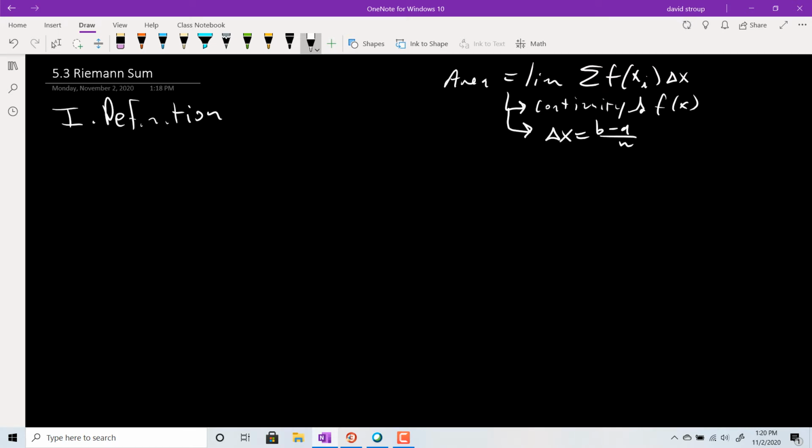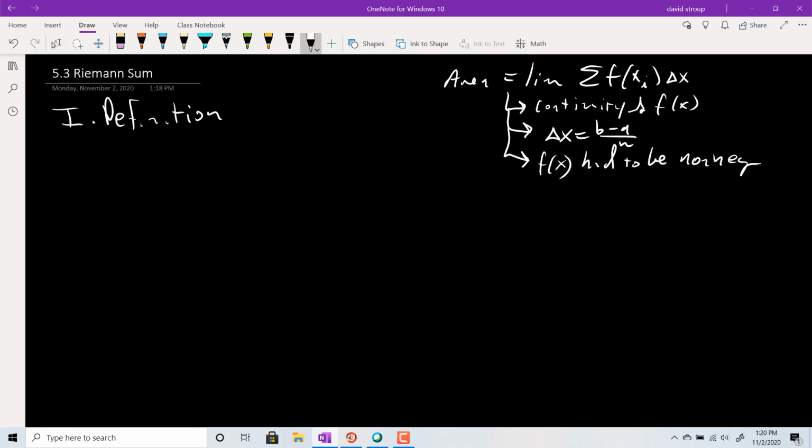There was a third thing that I also probably didn't note. f of x had to be above the x-axis, or f of x had to be non-negative. Okay, so now in this definition, those three things are sort of thrown to the wayside a little bit.